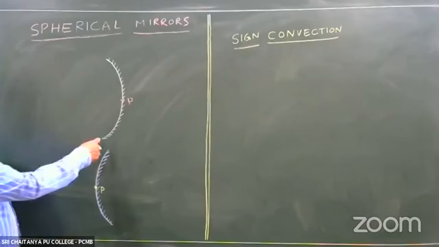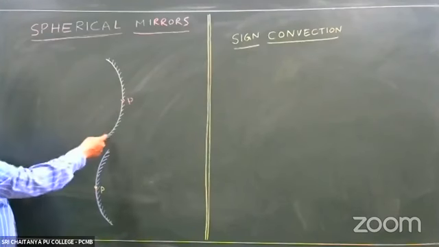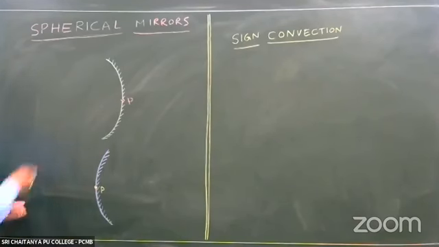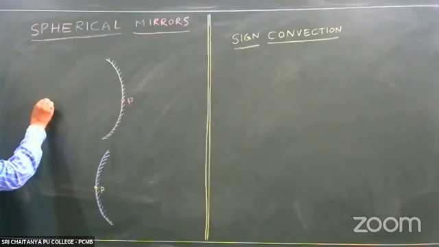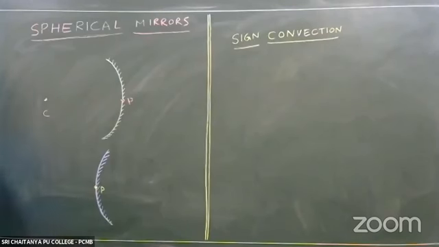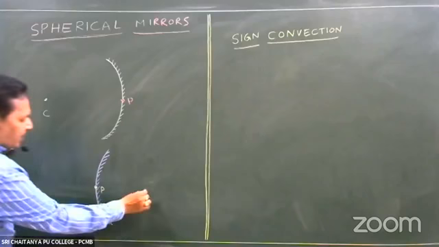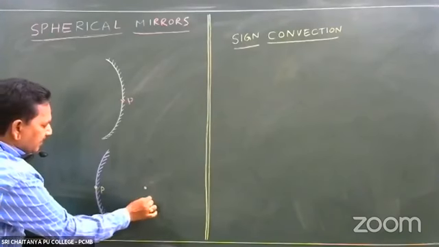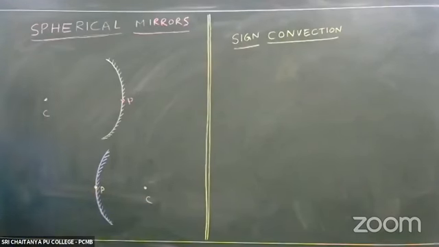If I assume this is a part of a complete sphere, the center of the sphere is the center of curvature. The radius of the complete sphere is the radius of curvature. Pole, center of curvature, radius of curvature.